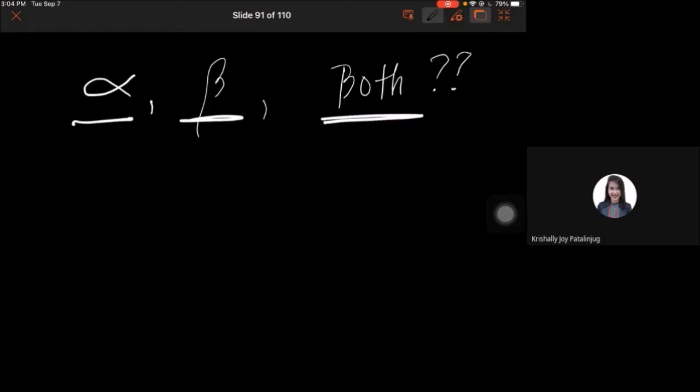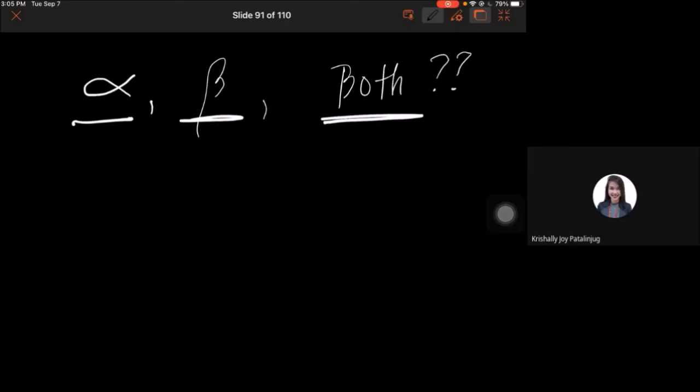Hydrogen bond is perpendicular to the axis. Tama. It's beta. Yung kanina lang na slide. Hydrogen bond is parallel to the axis. Tama. This time it's alpha.